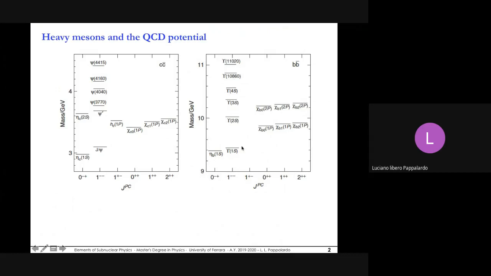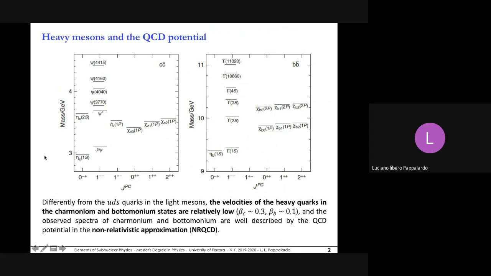Now, different from the up, down, and strange quarks in the light mesons, the velocities of the heavy quarks in the charmonium and bottomonium states are relatively low. They are heavy, so they move slower. In particular, the beta of the c quarks is of the order of 0.3, so only 30% of the speed of light, and the beta of the bottom quarks, which are even heavier, is just 10% of the speed of light.